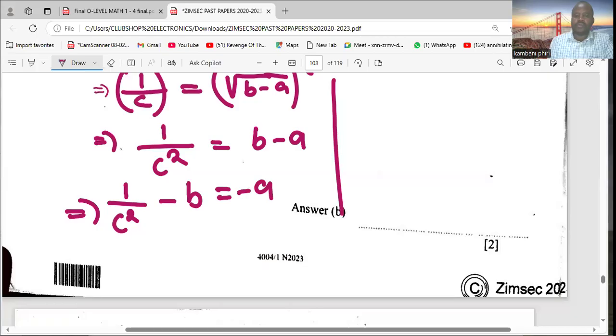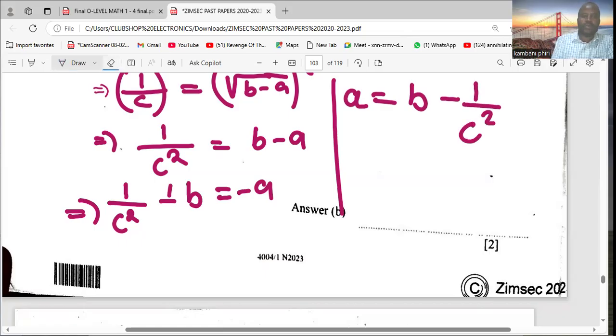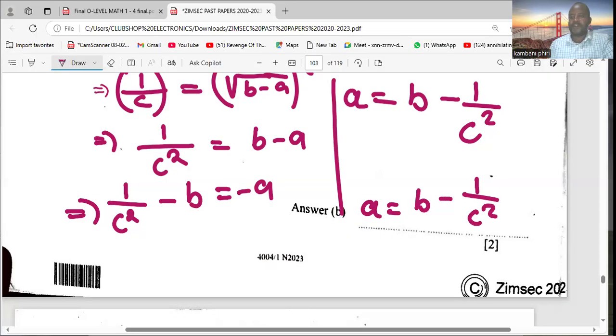This will be positive. So a will be equal to, if you multiply by negative 1, this will be negative, and this will be positive. So I've got b minus 1 over c squared. And this is your solution. So we're saying a is equal to b minus 1 divided by c squared. Right.